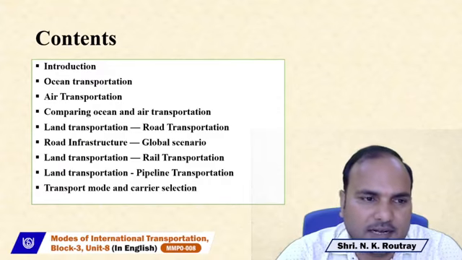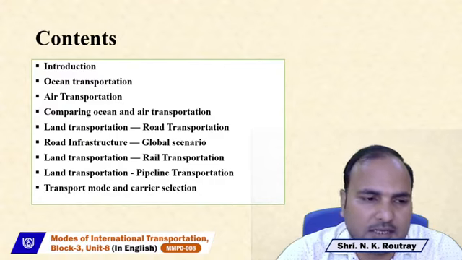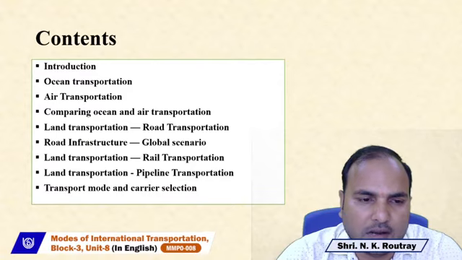Then we'll discuss in detail land transportation, road transportation, and road infrastructure in the global scenario. Then land transportation relating to rail transportation, and land transportation linked with pipeline transportation. And at last, we will discuss transport mode and carrier selection. These are the things we will discuss today.